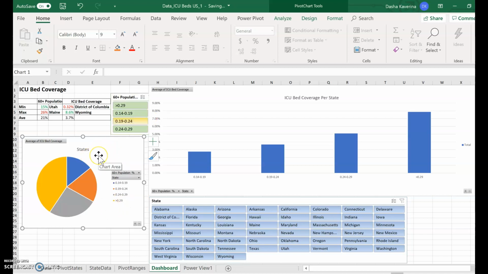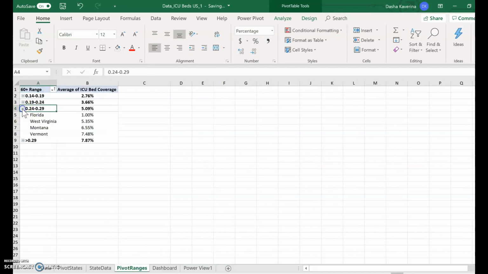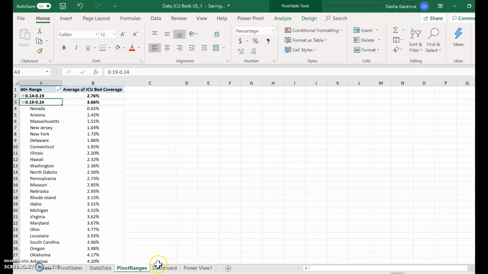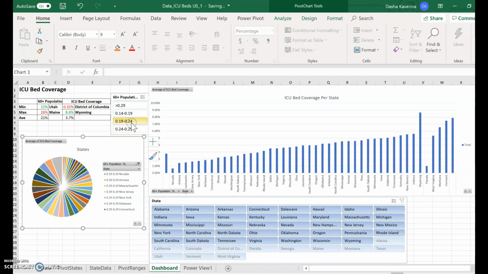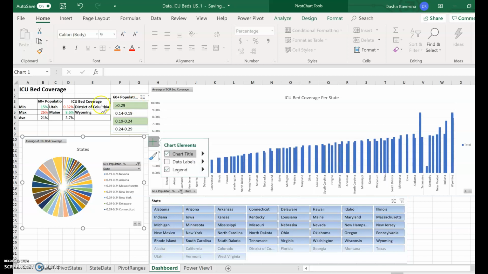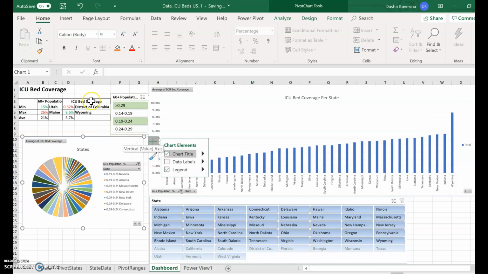The pie chart shows this data, and obviously the state slicer, so we can further look into the details, pick and choose the states. Our biggest range of the population was 0.19 to 0.24. So let's choose that, and let's choose population over 0.29, over 29%, which was Maine.